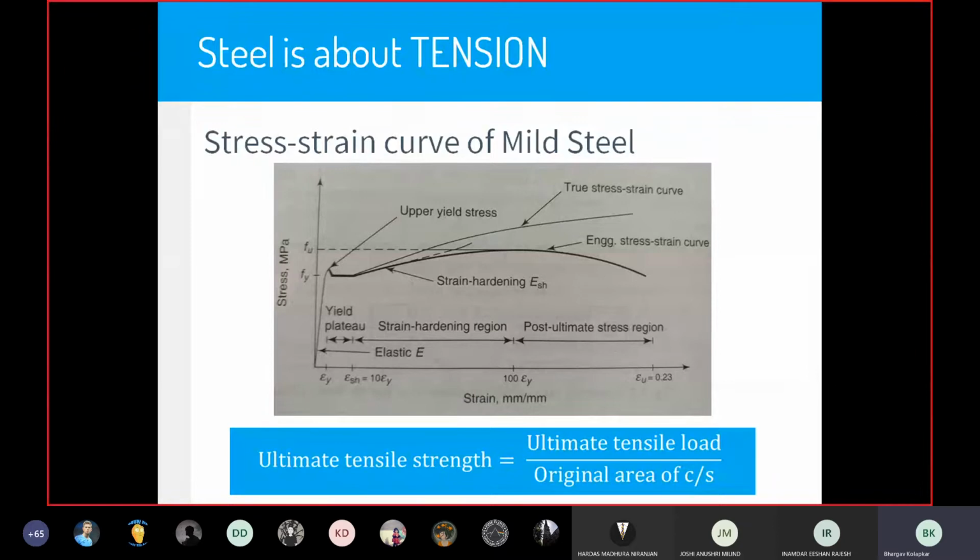As the structure is loaded from the start of its actual service life, you have no measure of what its cross-section area is going to be over the period of its use. So the only parameter that you have is the initial cross section. Based on that, you have to decide how the structure is going to behave when it is loaded.